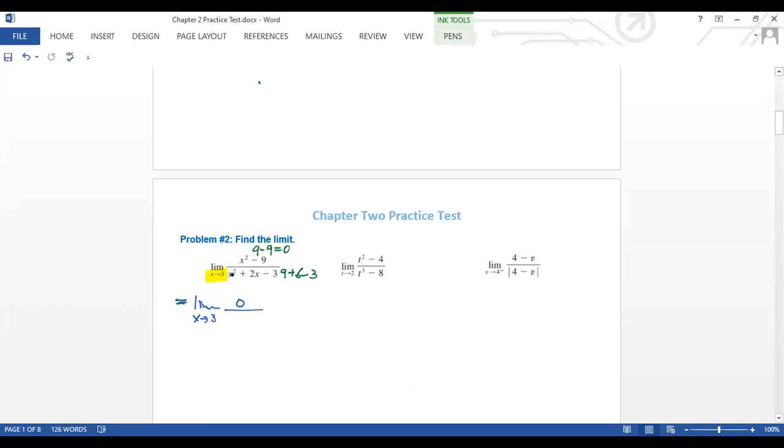On the bottom, it's 9 plus 6, so 15, minus 3 is 12. So is this defined or non-defined? This is defined. So what is this limit? The limit is 0.